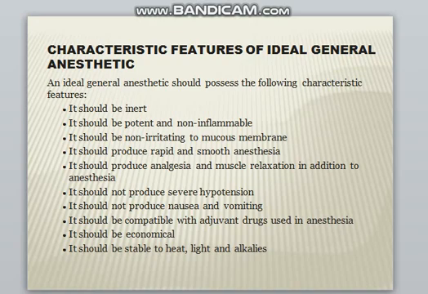It should produce analgesia and muscle relaxation in addition to anesthesia. It should not produce severe hypotension. It should not produce nausea and vomiting, and it should be compatible with the adjuvant drugs used in anesthesia, like pre-anesthetics, and it should be economical so that people can afford it.